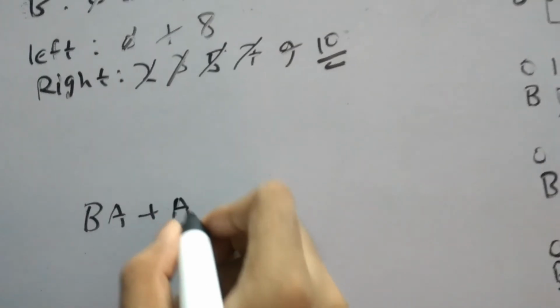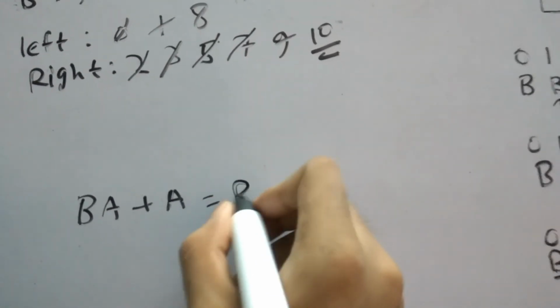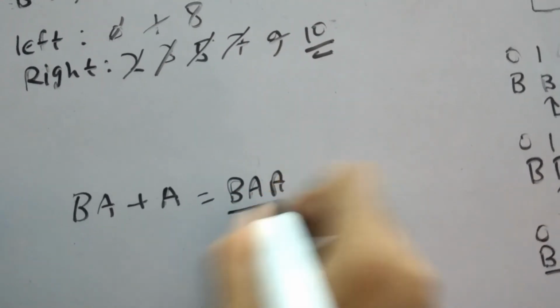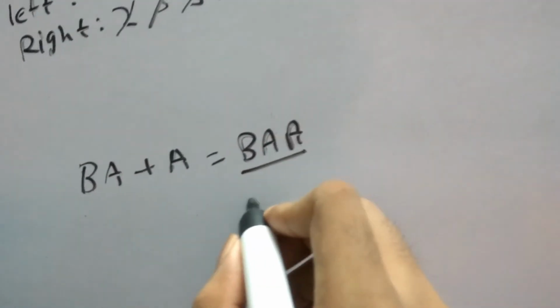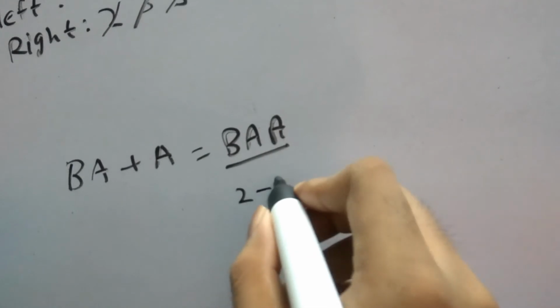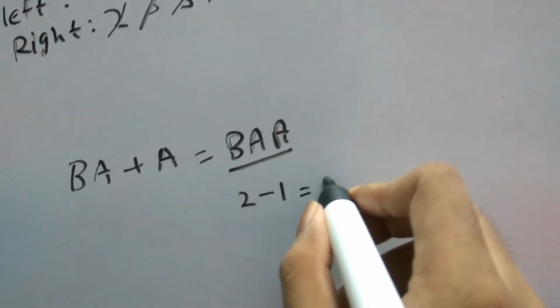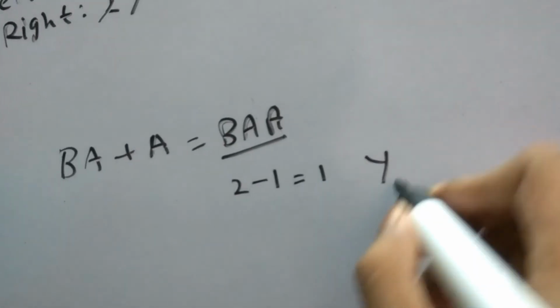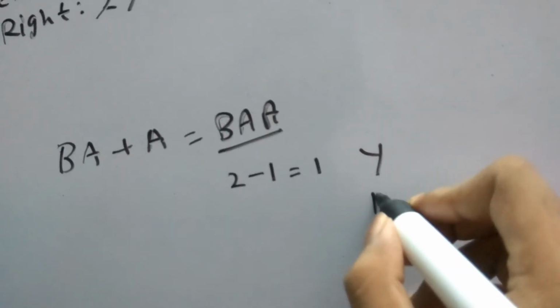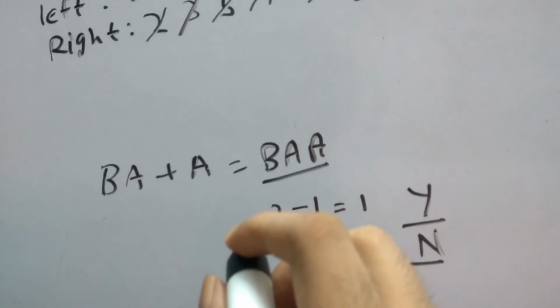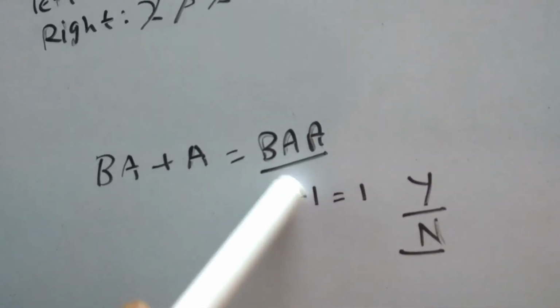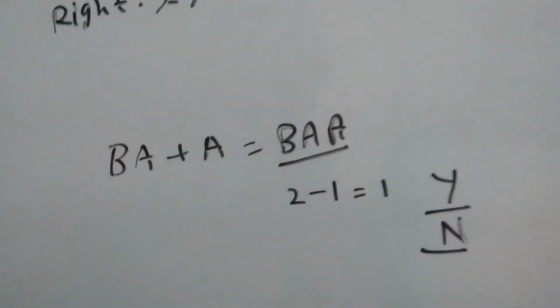So after this string, we will be combining this as BAA. Using this check function again, we'll check if the count of A, which is 2 here, and count of B, which is 1 here, if the difference is 1, then only it's returning yes, or else in all other cases it will be no. If and only if this is 1, then yes, else no.